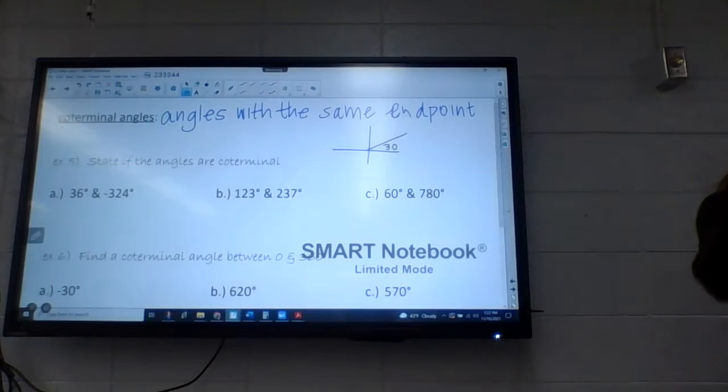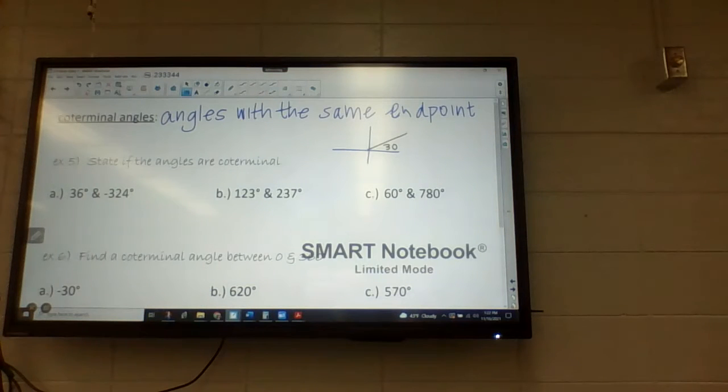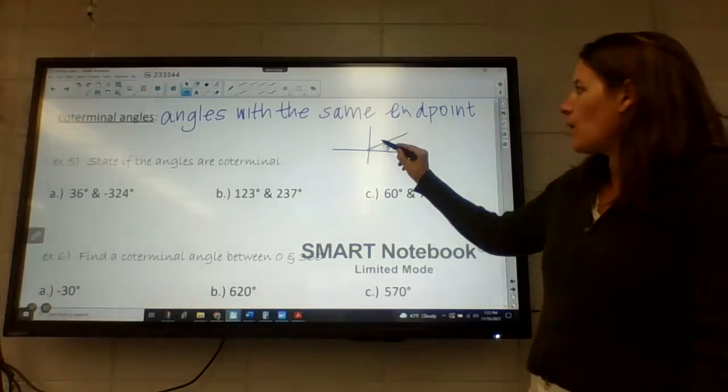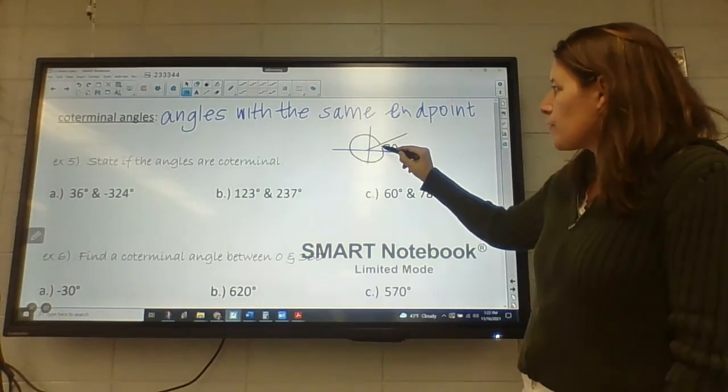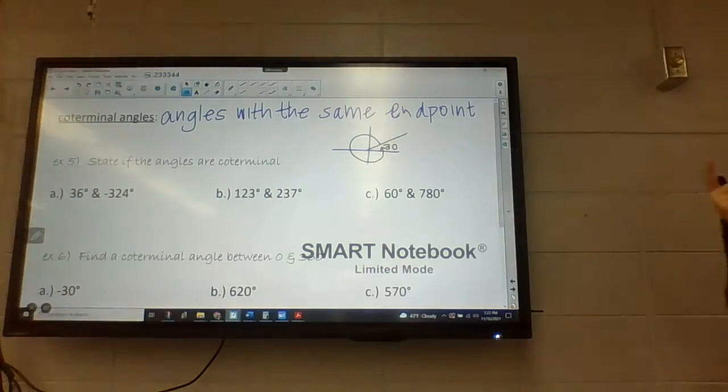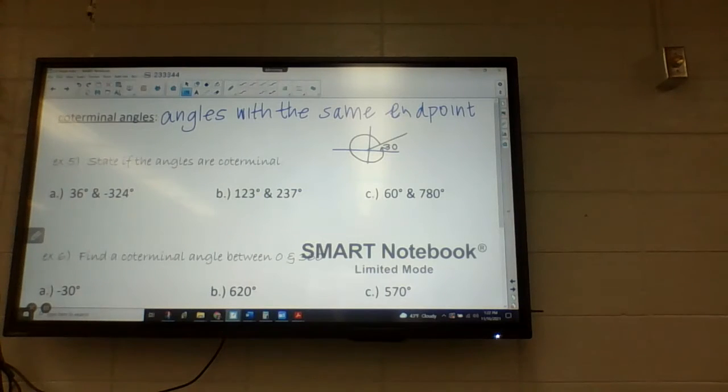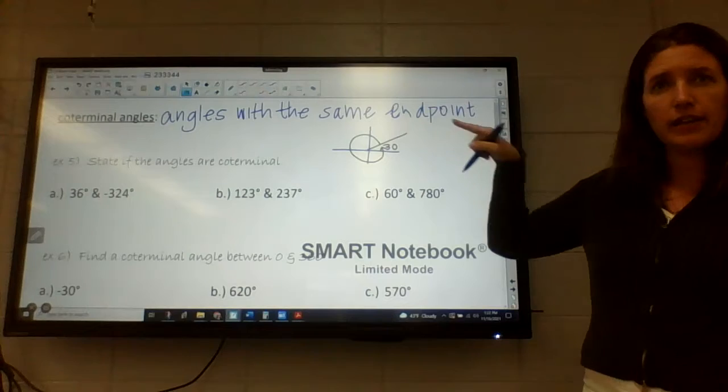Very smart. What Carter just pointed out is I suggested 12, he suggested 24. We both named coterminal angles. They both end at the same point. So if I go back around all the way, what's another angle that ends at that same point? Negative 300 would be one if you want to go the other way.